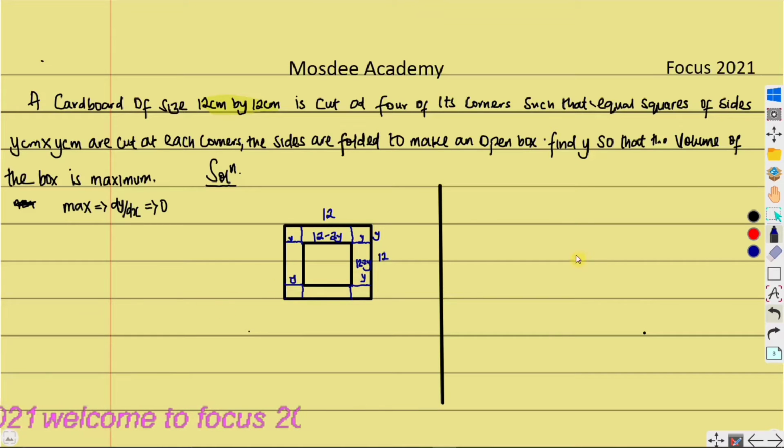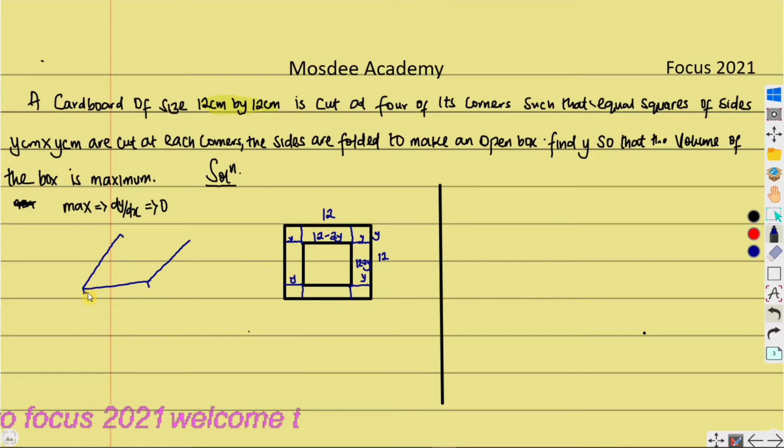Now, when it was cut, it's forming an open box. Open box can be in any form. You can just visualize one, diagram not drawn to scale. After it was cut out, we're having something like this.